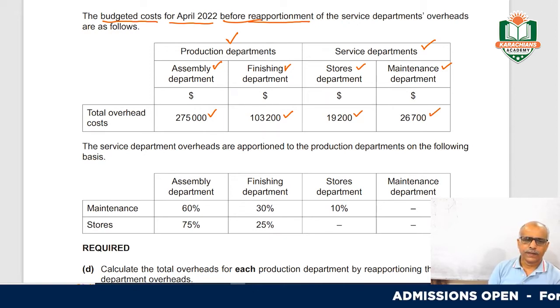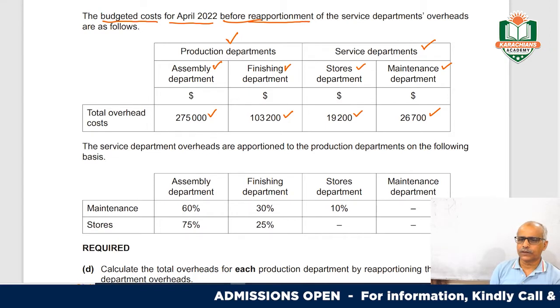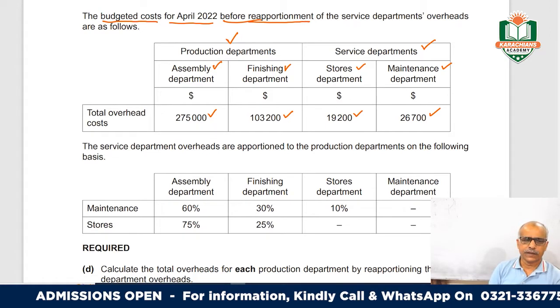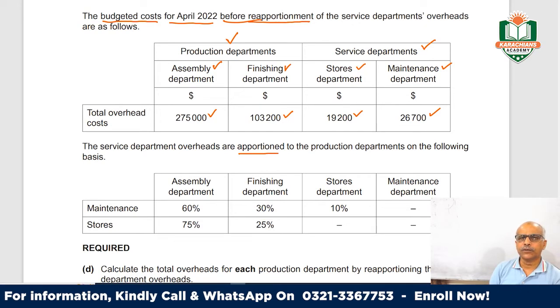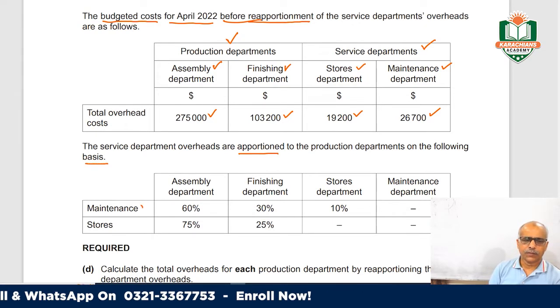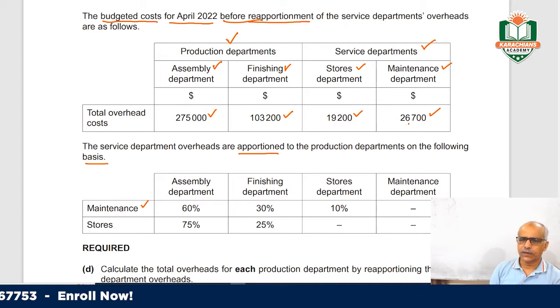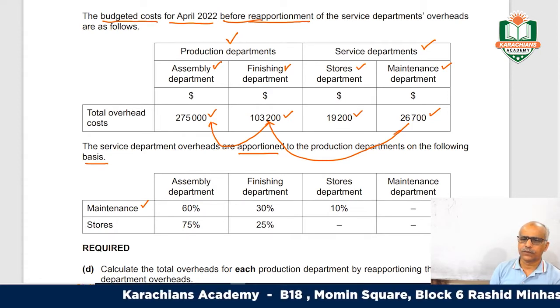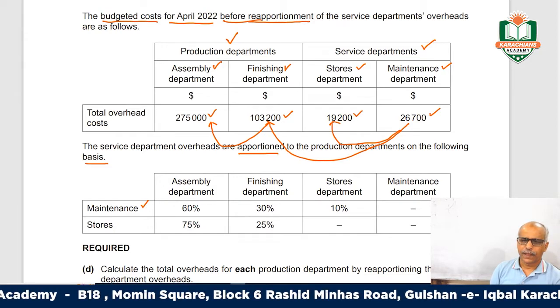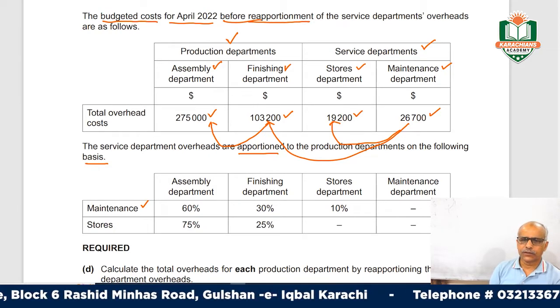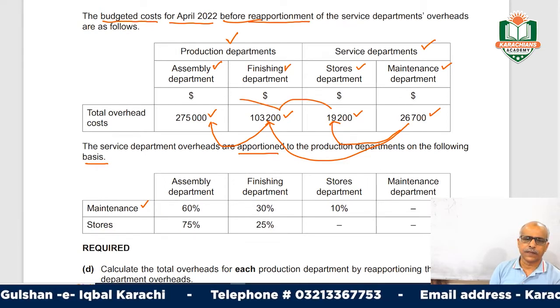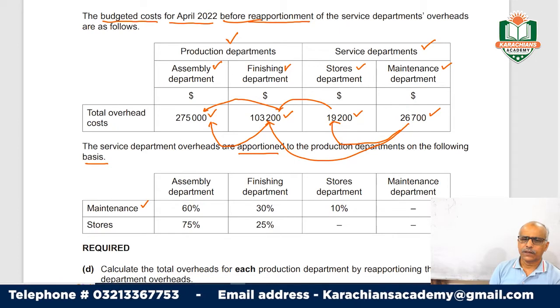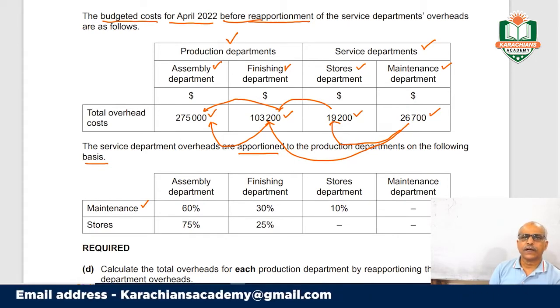These service department overheads are apportioned to the production departments on the following basis, and for apportionment you need some basis, so they have given you the basis. The maintenance department serves assembly, finishing, and also stores, so their cost should be allocated to all of them. The store department serves assembly and finishing, so the store's cost should be allocated to the 2 production departments.